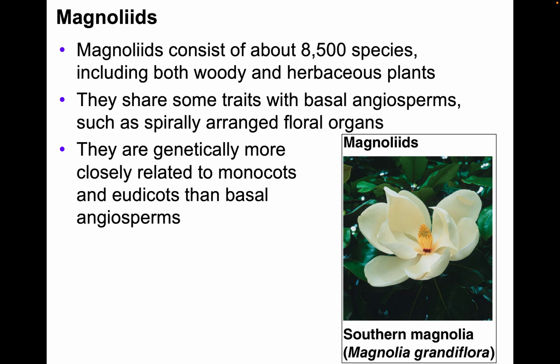Not something we're going to get into on that difference between a spiral and a whorl, but a unique thing that if you get deeper into botany, you will probably dive into those differences. Genetically, they are beyond just that spiraling pattern. They are unique, so they have their own category.